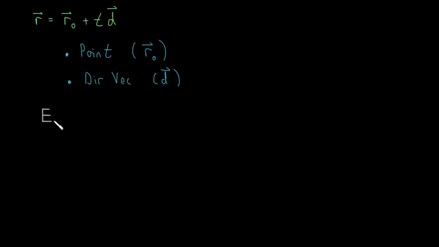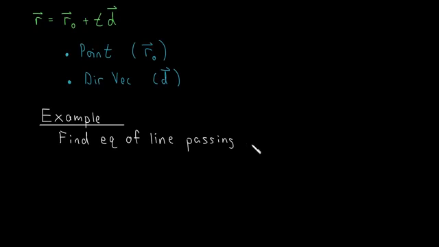So, example. Let's find the vector equation of the line passing through the point (1, -1, 4) and in the direction of the vector (3, 5, -2).